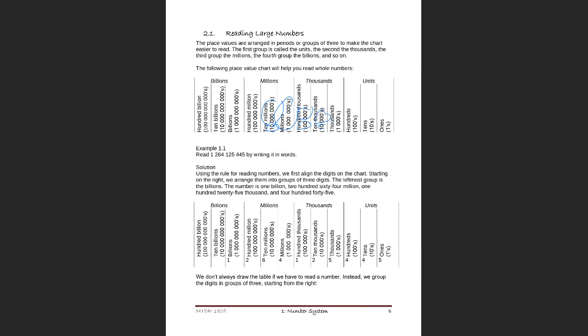The 100 million has 6 zeros, but there is a 100 somewhere. Then a billion has 9 zeros. Now 10 billion will still have 9 zeros, but there will be a 10 somewhere. 100 billion will still have 9 zeros, but there will be 100 somewhere. So you must take note of that.